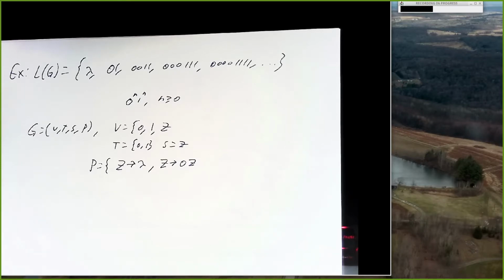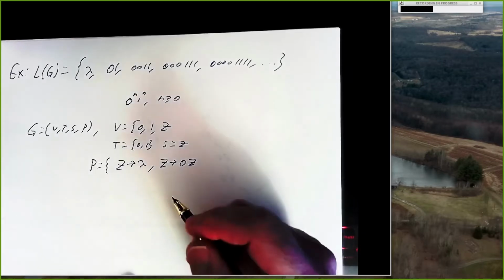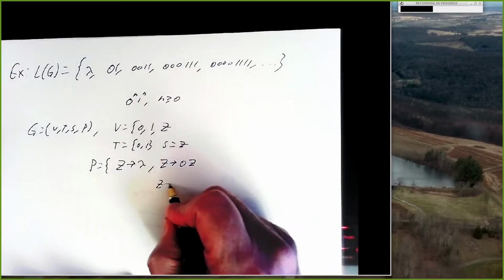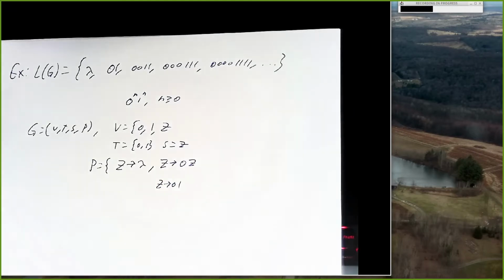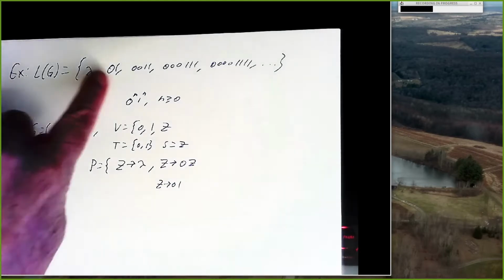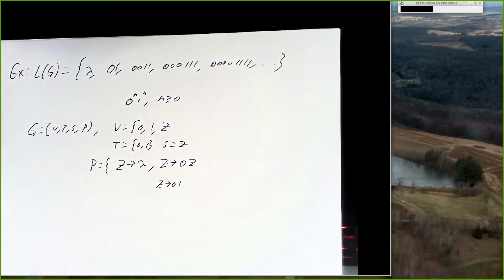I guess it needs to go to 0 1. Yeah, we could do Z to 0 1. That would pick this up. And then we started looking for something more general.